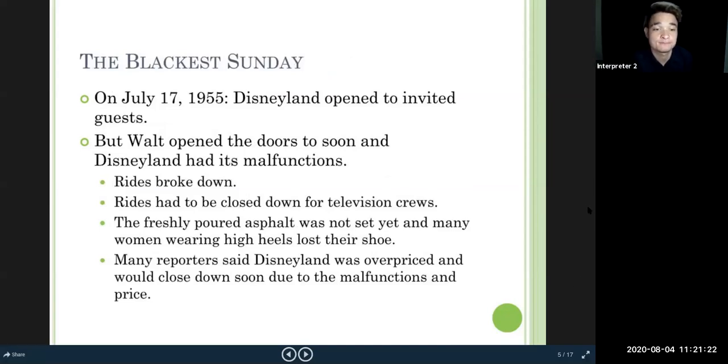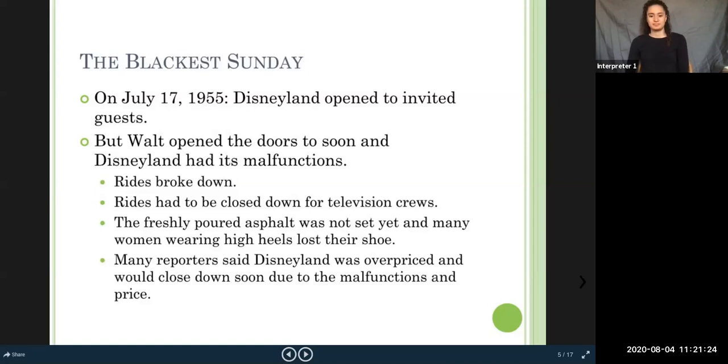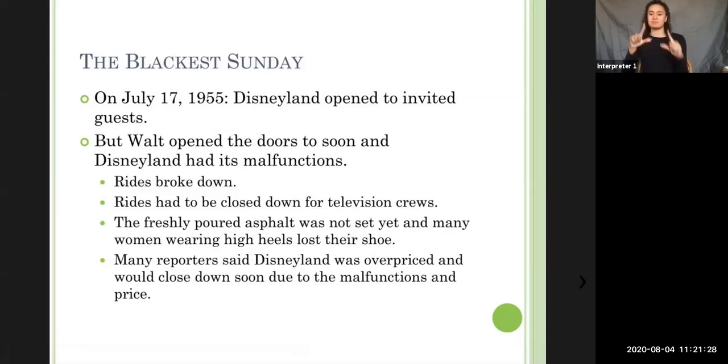This slide, I just really want to focus on the second point. So Walt opened the doors too soon, and Disneyland had its malfunctions, meaning the rides broke down, rides had to close down for the television crew.